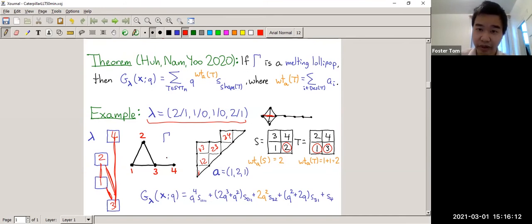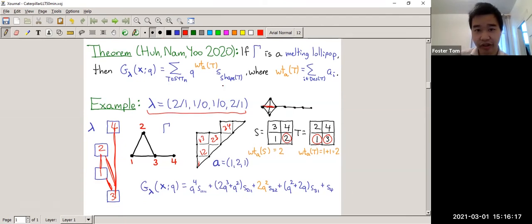So they showed that if my graph is a melting lollipop, and I want to calculate the Schur expansion, for example the coefficient of S22, I write down all of the standard Young tableaux of this shape. So I've got S and T here. I look at the descent sets of these tableaux, and I sum the corresponding indices of the area function.